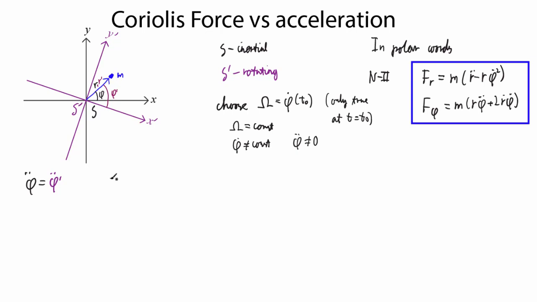Also, because both S and S prime have the same origin, we get that r equals r prime. And moreover, we get that r hat and phi hat are both going to be equal to r prime hat and phi prime hat.